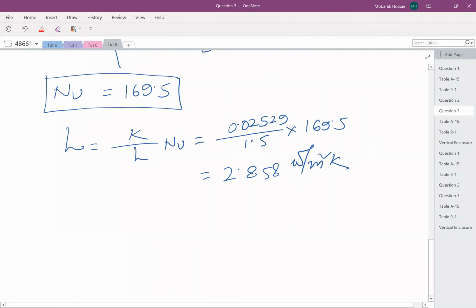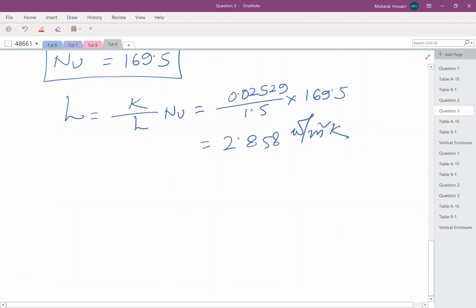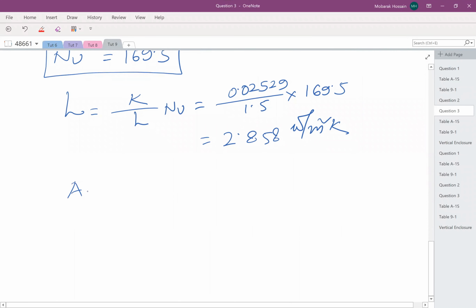Also for the rate of heat loss, we need to calculate the surface area. So the surface area of the inner window is height times width, 1.5 times 2.8, which is 4.2 meter square.